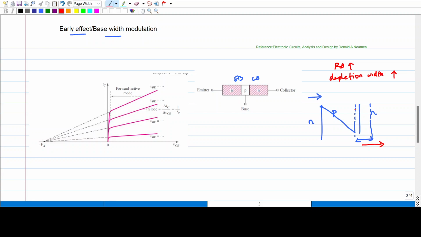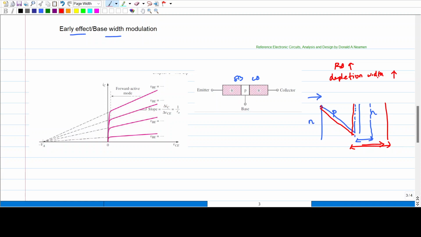But a small amount of depletion width will extend into the base also. Now this is the new depletion width when there is an increase in the reverse bias. Due to the extension of depletion width into the base, now the slope will go like this. Now you can see there is an increase in slope.